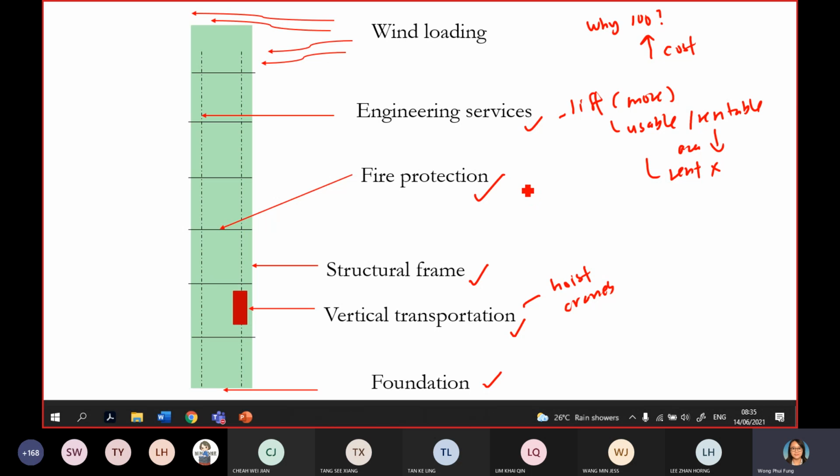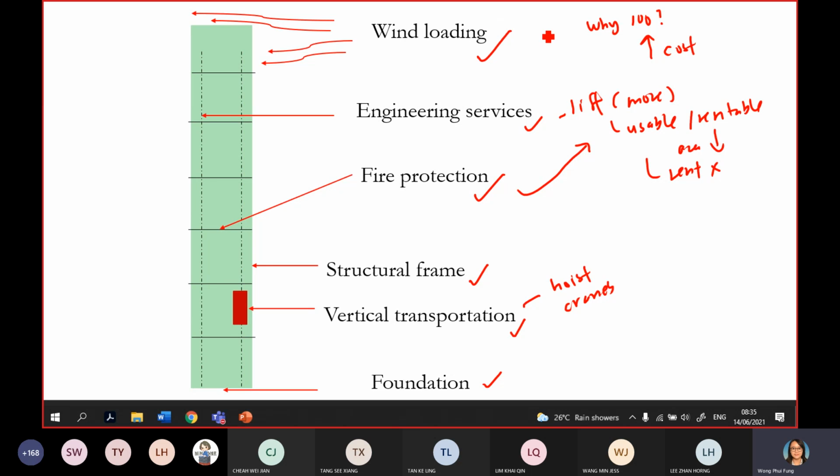So here also ties back to this definition. When we provide more of this function, the usable area will reduce and we cannot rent it out. So it does not mean the higher you build, the better.